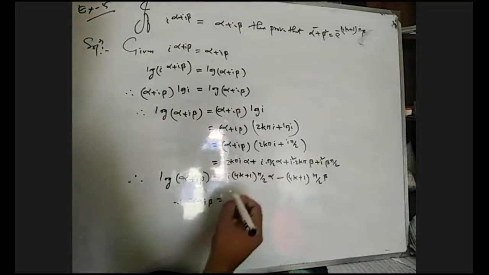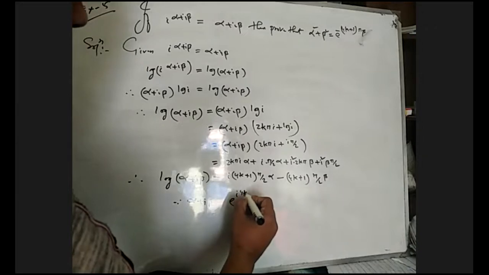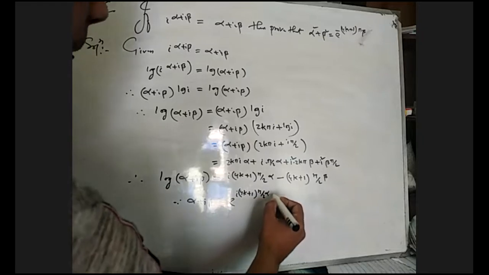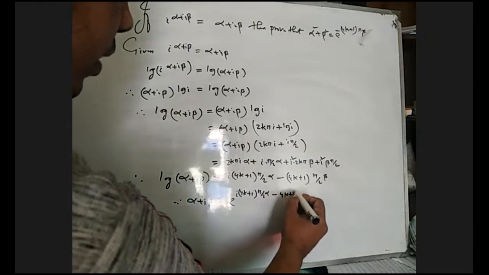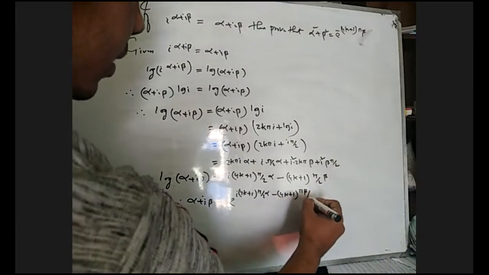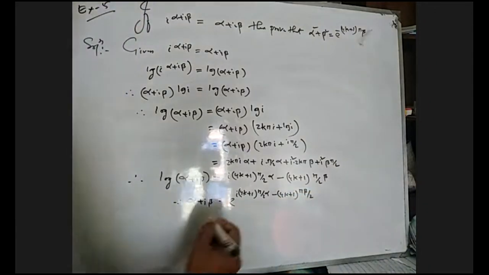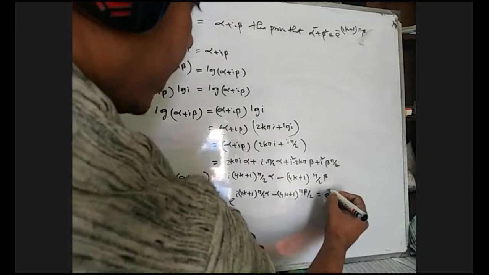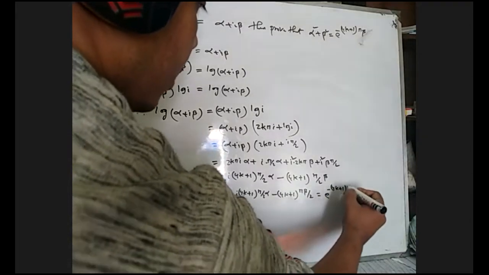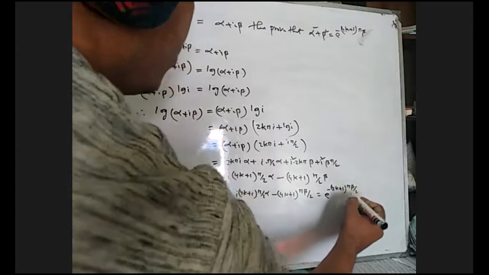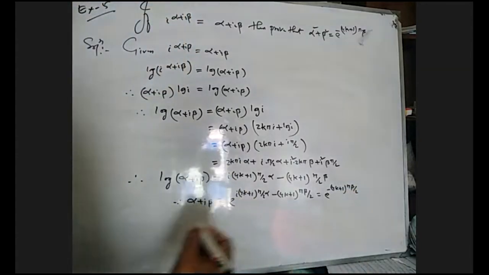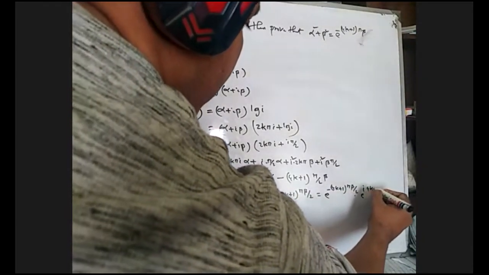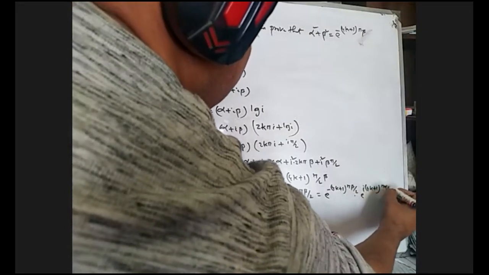So therefore alpha plus i beta equals the exponential form of this: (4k plus 1) into pi by 2 alpha minus (4k plus 1) pi beta divided by 2. So this can be written as e to the power minus (4k plus 1) pi beta by 2 into exponential form of i (4k plus 1) pi alpha divided by 2.